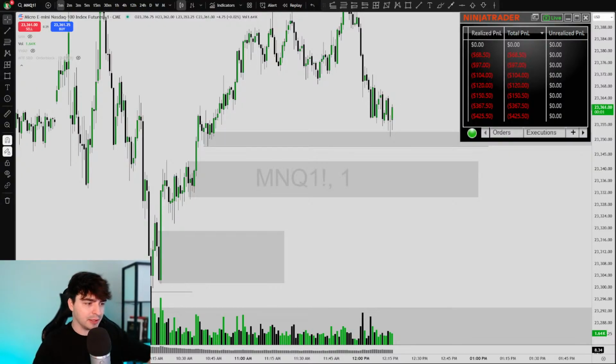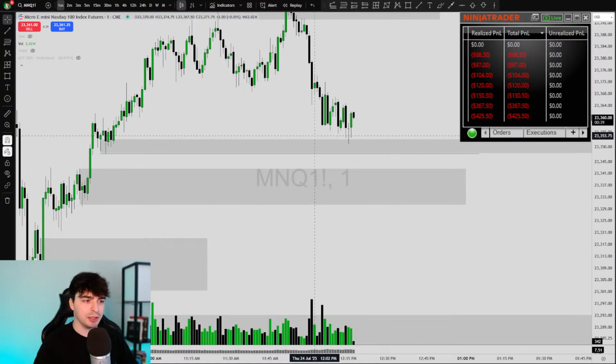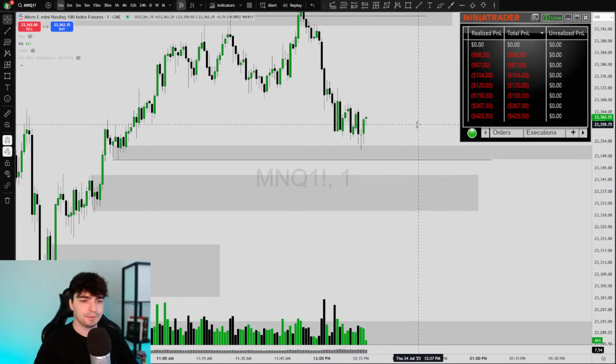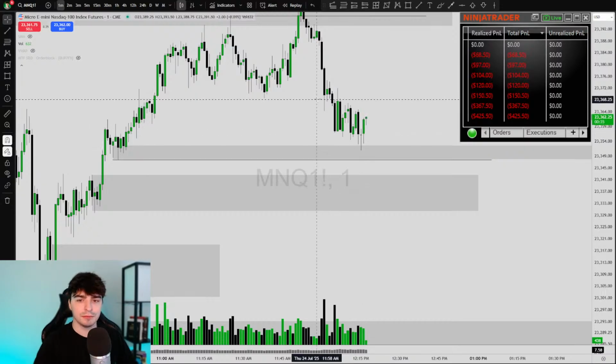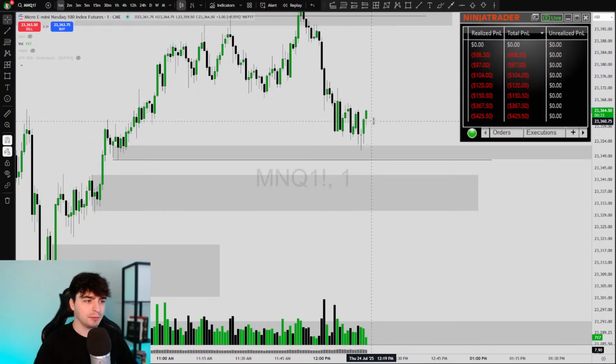I can't believe those Apex accounts took my break-even trade. The price never reached my break-even. It's probably because they have different spread rules or something. Look at this price action. Chop, chop, chop, chop.